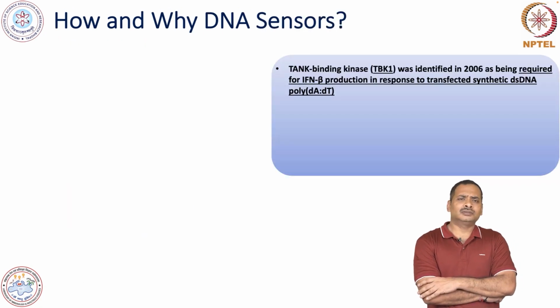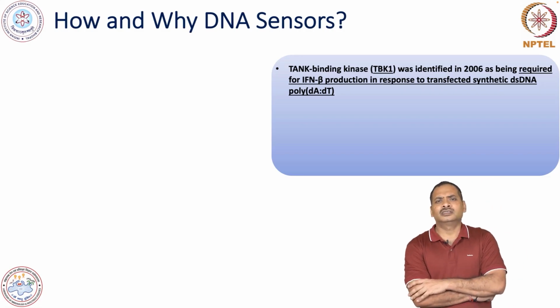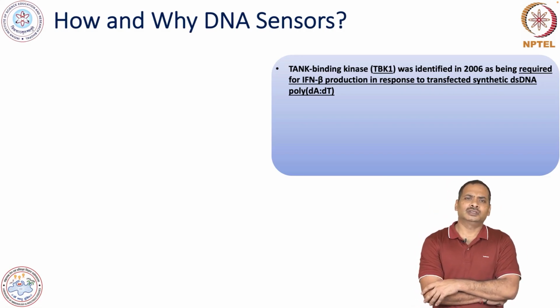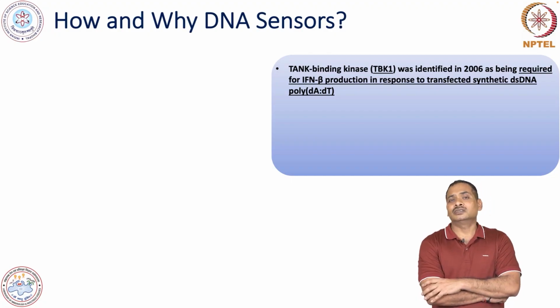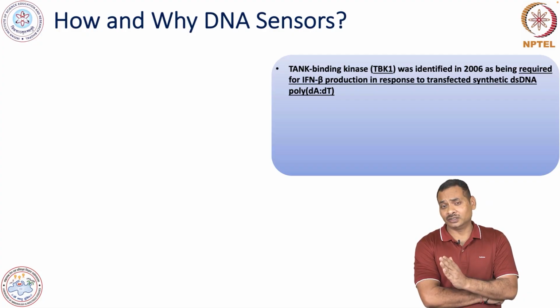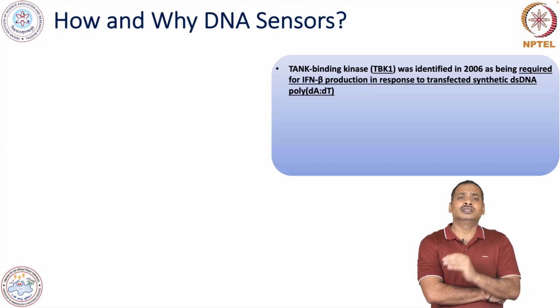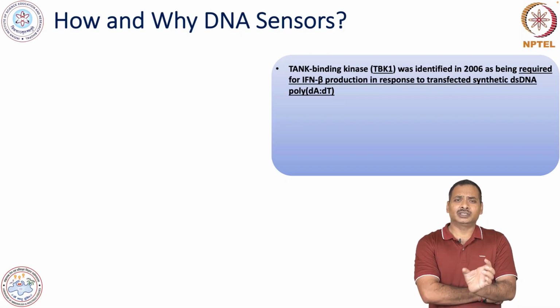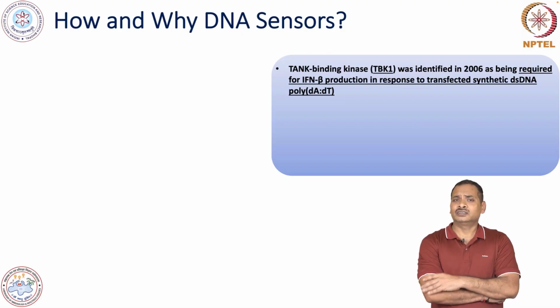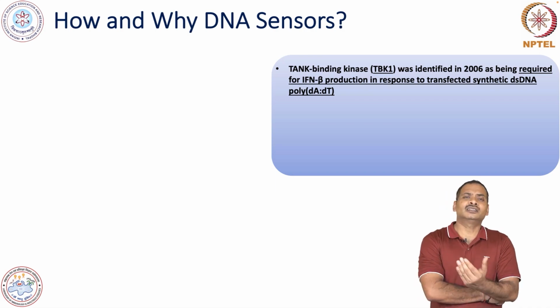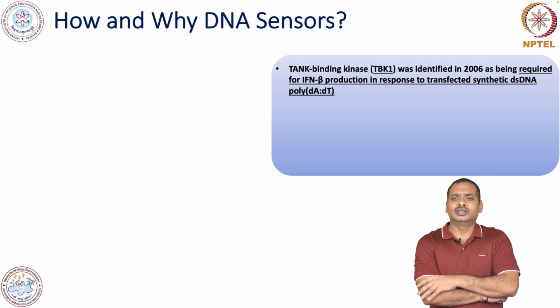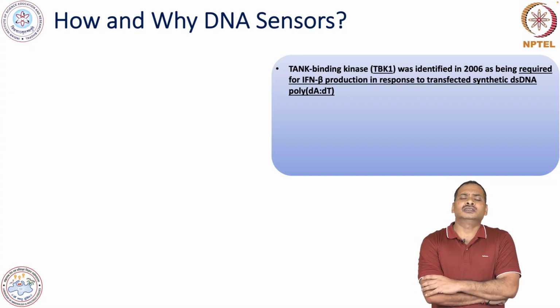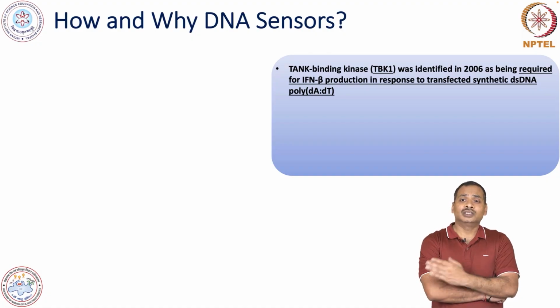So, people observed TBK1, if you remember TBK1 in TRIF dependent signaling. TBK1 is associated with IKKi or IKK epsilon. This kinase phosphorylates IRF3 or IRFs, and that induces the production of type 1 interferon. People observed that the induction of type 1 interferon is dependent on TBK1.